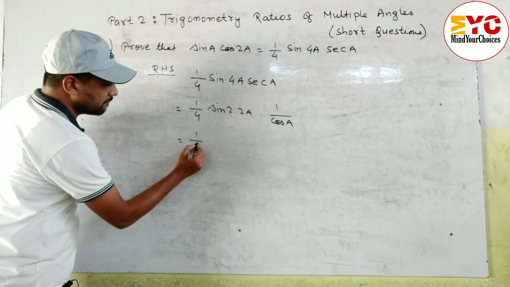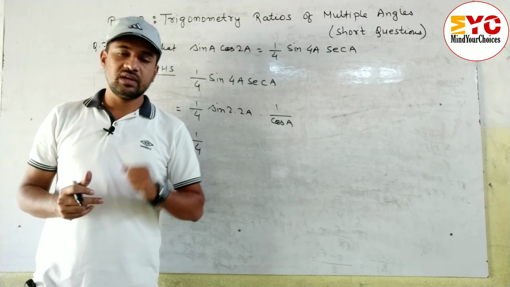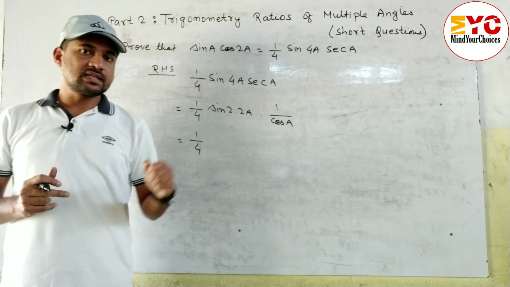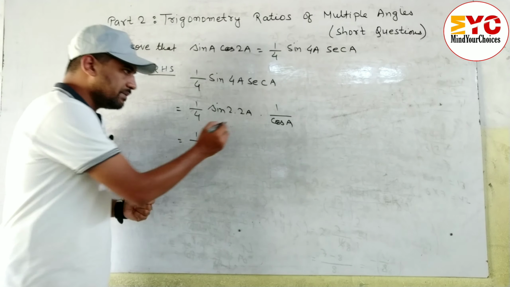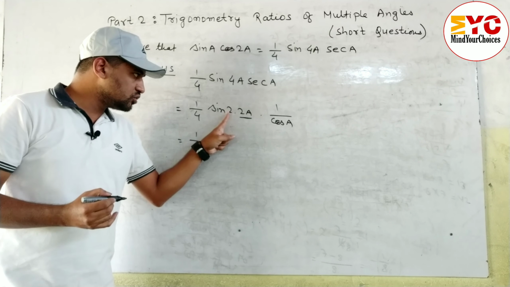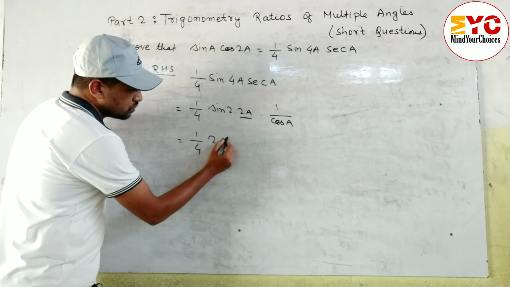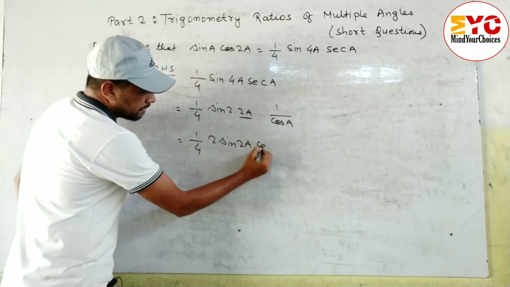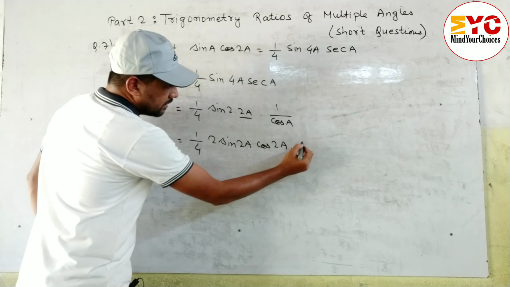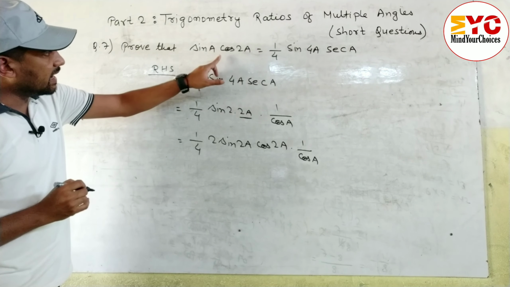Now 1 by 4 sin 2A into 2A, and we know the formula of sin 2A is 2 sin A cos A. But in place of A we have to write 2A. So we can write 2 sin A cos A into 1 by cos A. Now look at the LHS.